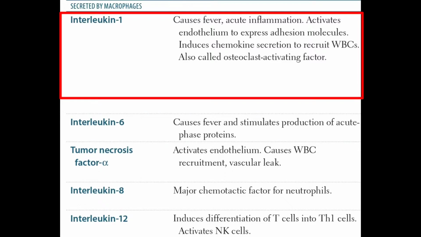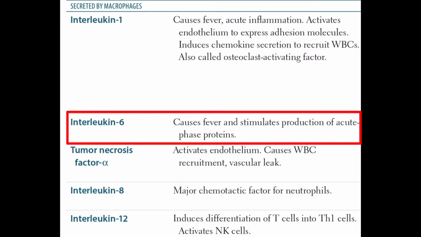Now the function of interleukin 1 is that after its secretion by the macrophages, it causes fever, acute inflammation, and it also activates the endothelium to express adhesion molecules. It induces chemokine secretion to recruit WBCs, and it is also called osteoclast activating factor because it activates the osteoclast.